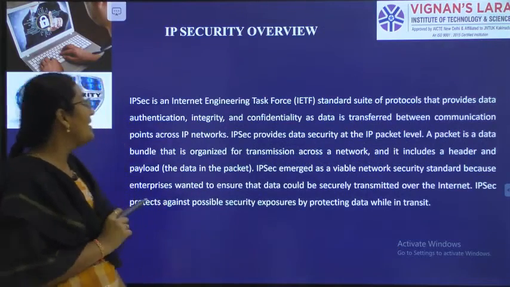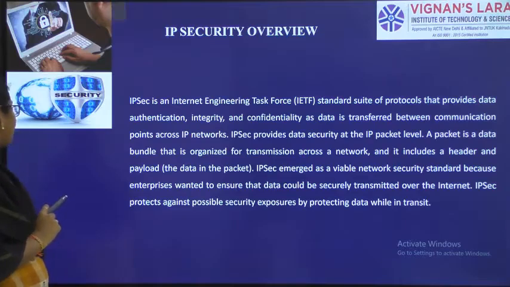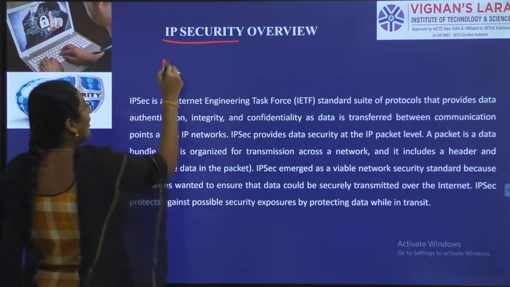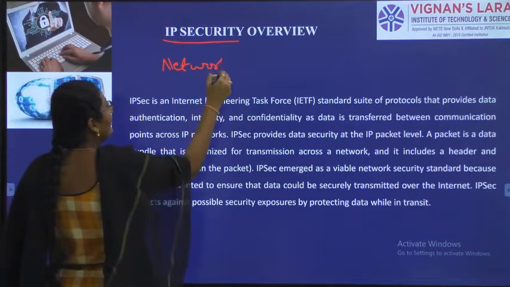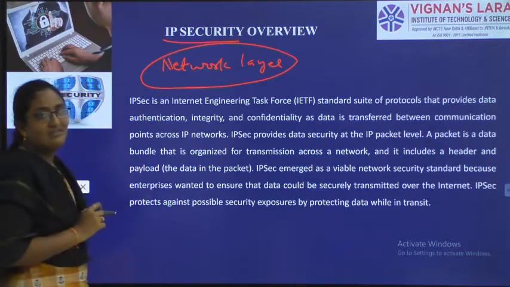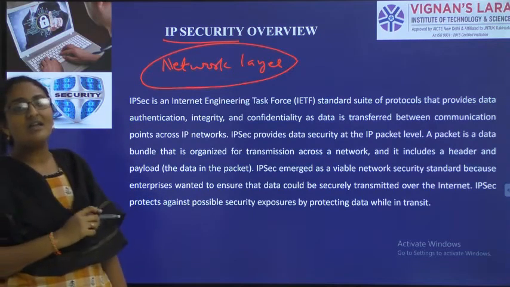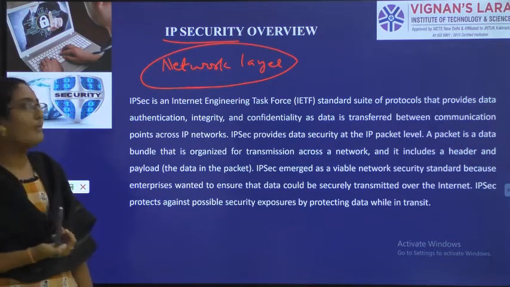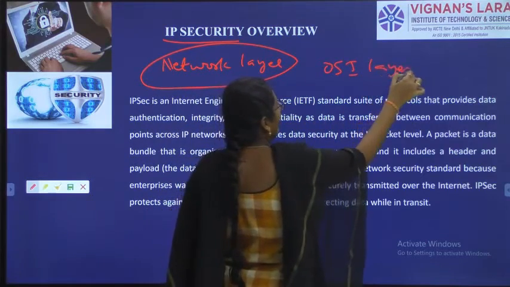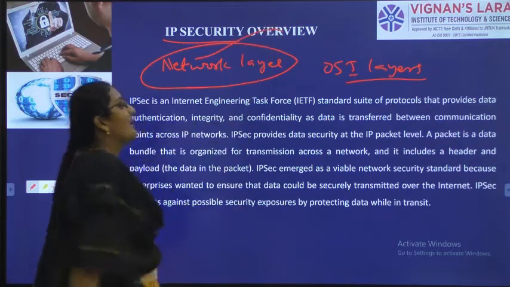So first let us see what is IP security. Obviously we are talking about network layer. As I already told you, in third year you have a subject like computer networks. In computer networks, the very first topic is OSI layers, and in OSI layers you have this network layer.